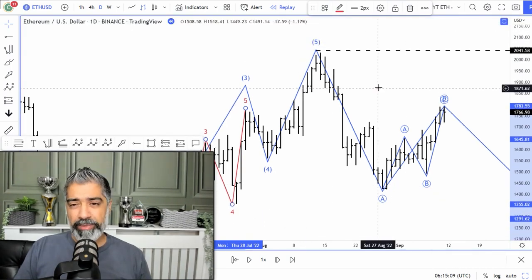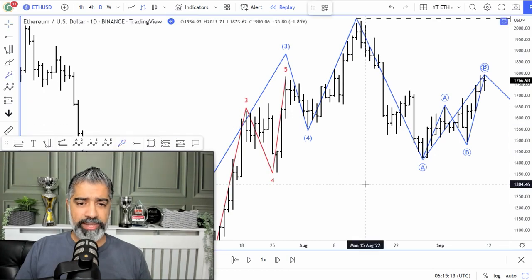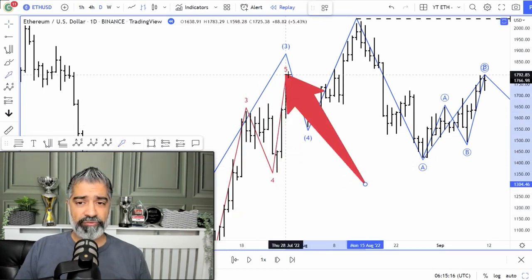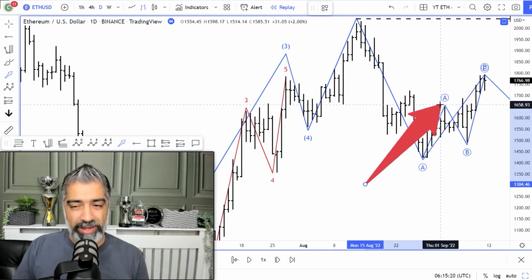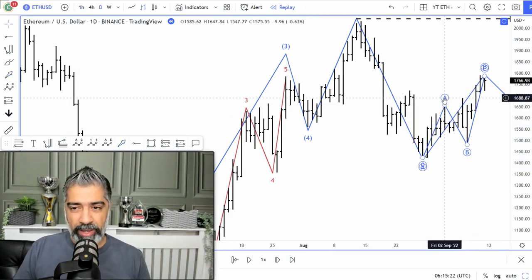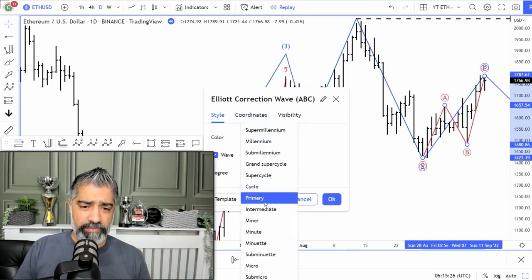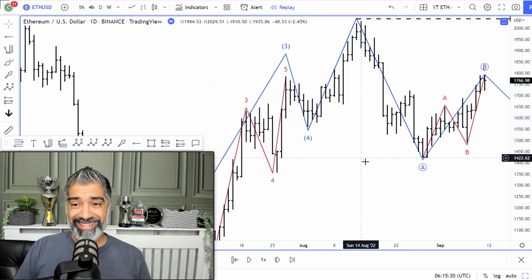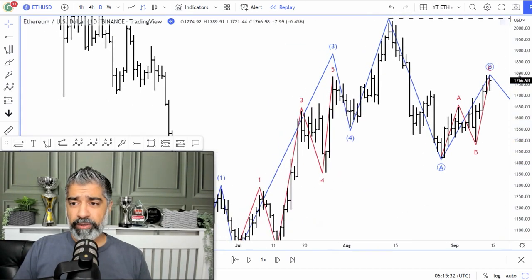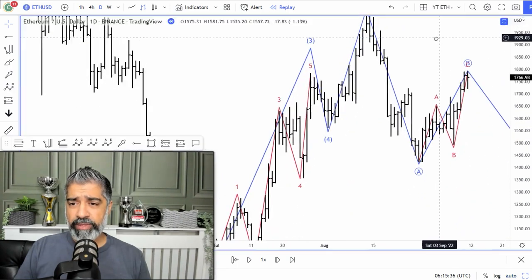This is important because this can be quite confusing when people look at different degrees. Is knowing that this degree of wave count in the red is actually the same as what we're doing over here. But if we have them different colors and different size lettering, it can become a bit confusing. So let's just keep it really simple. Change it to red, change it to minor, and now it's easier to spot. So now, what do we have? Let's just do it like so.